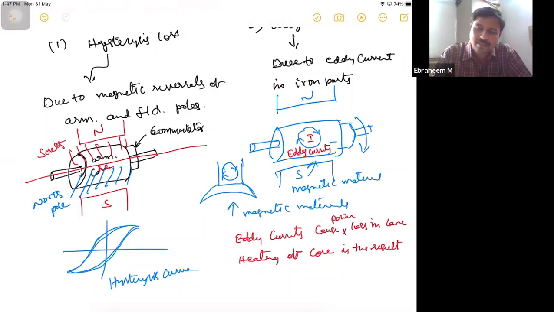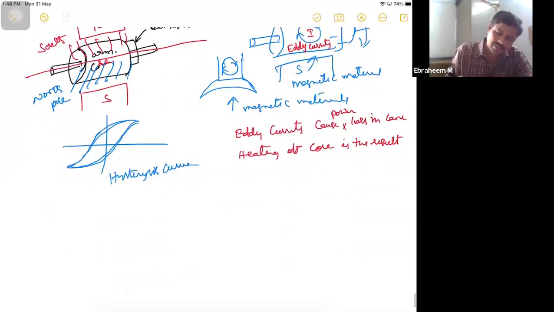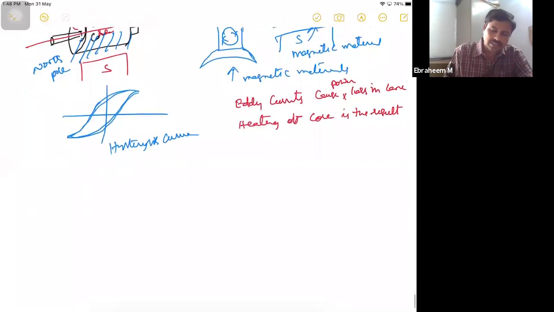The copper winding has resistance, so its resistance converts electrical energy into heat, and eddy current also converts some electrical energy into heat. So part of the total input energy is lost as different losses, just as we are seeing now.